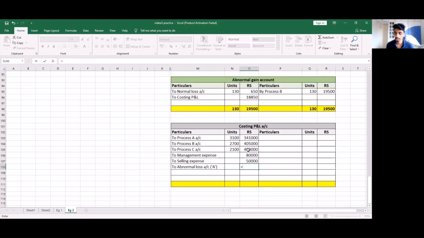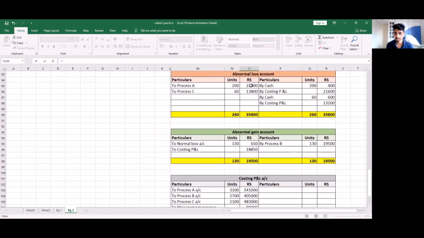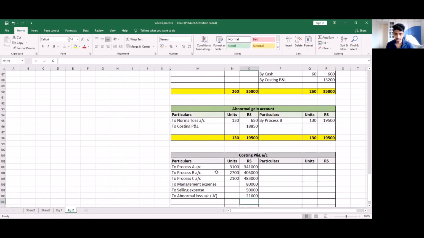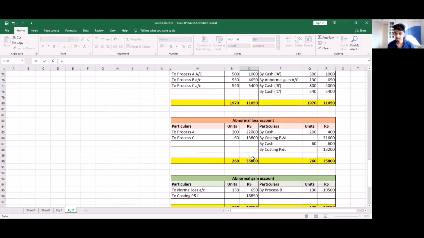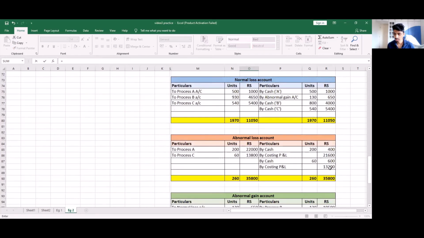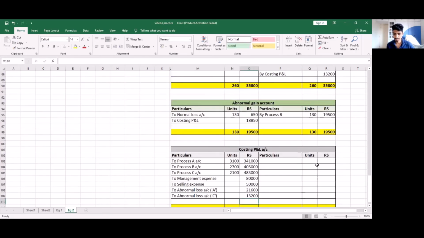So we have to abnormal loss for process A, 21,600, and to abnormal loss for process C, 13,200.